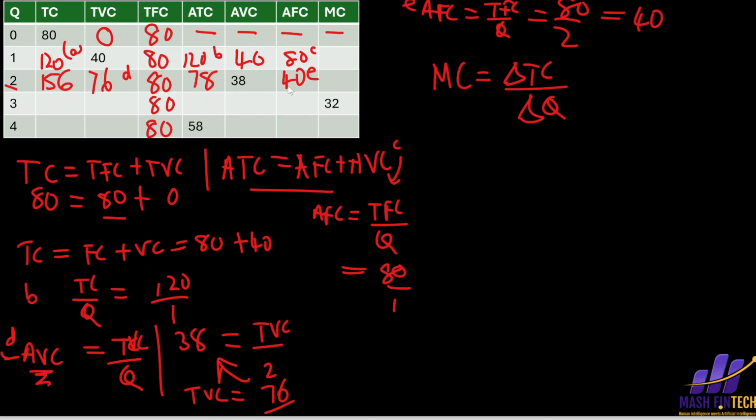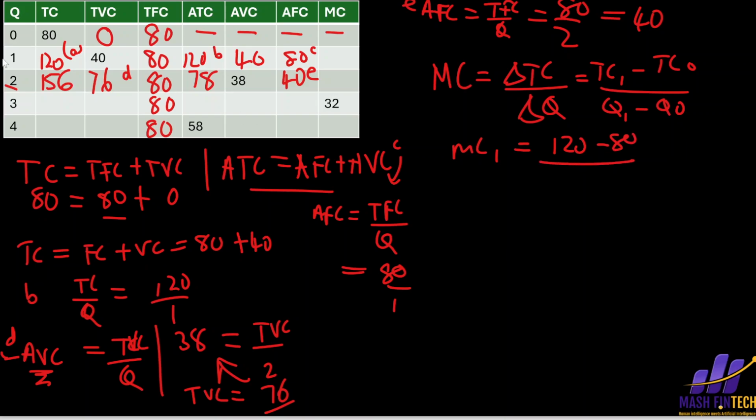But for this first marginal cost, it's going to be the total cost at 1 minus the previous total cost, the total cost at 0, divided by the quantity at 1 minus the quantity at 0. So the total cost at 1 is 120, minus the previous one at 0, which is 80, divided by the quantity 1 minus 0.